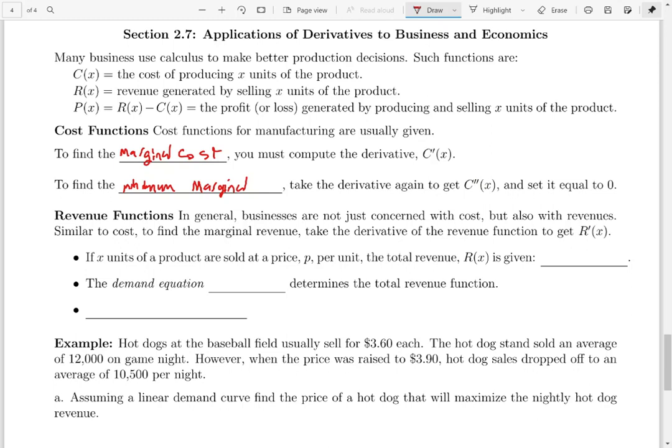Then in our simplification, revenue functions are going to deal with the money that comes in.